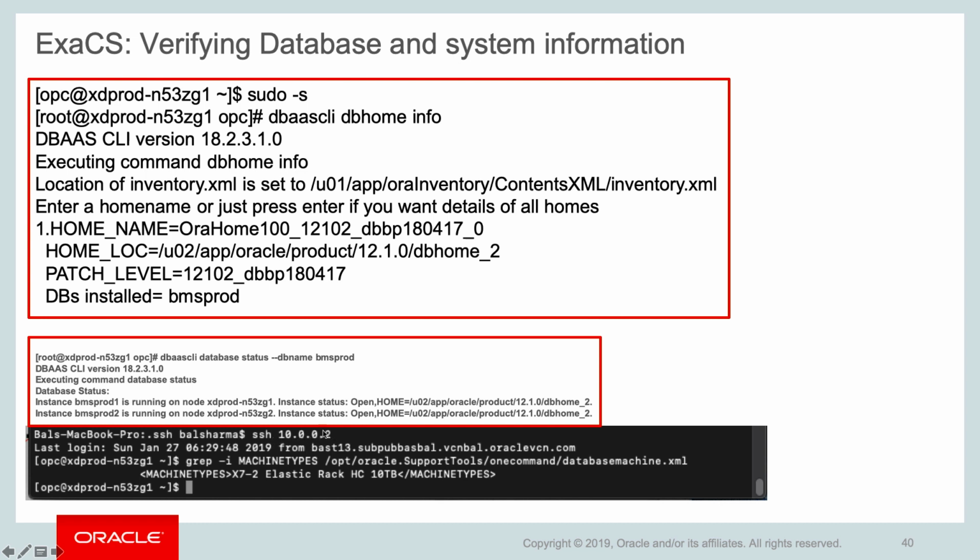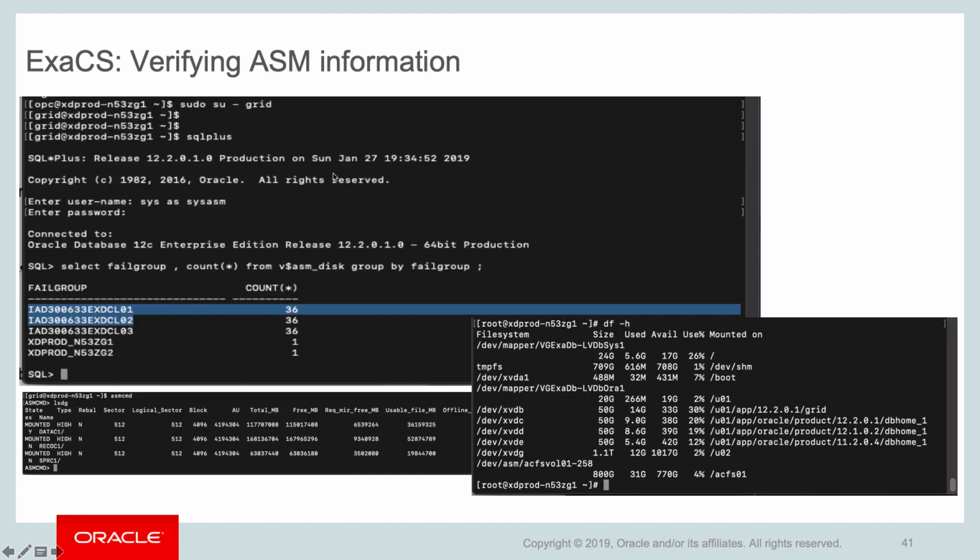I have logged into 10.0.0.2, and then from the opc user I'm able to grep for machine types, and it shows me it's X7-2 elastic rack, high capacity 10 terabyte. This information comes from databasemachine.xml. In order to get into grid, you will have to sudo to grid, and then you would be able to write queries and get details on all the fail groups or ASM disk properties.